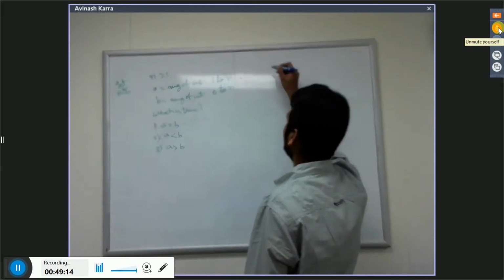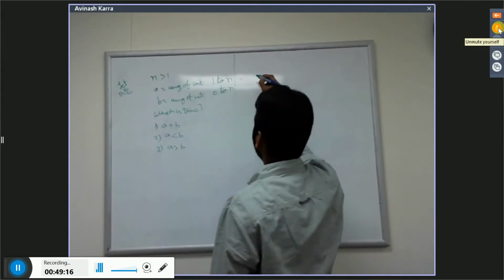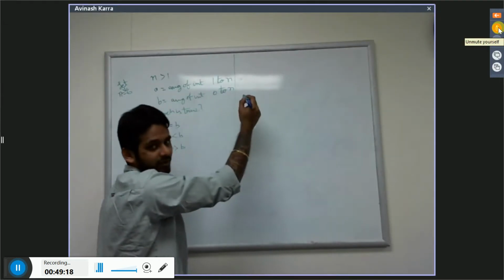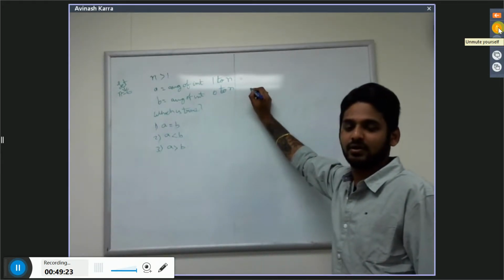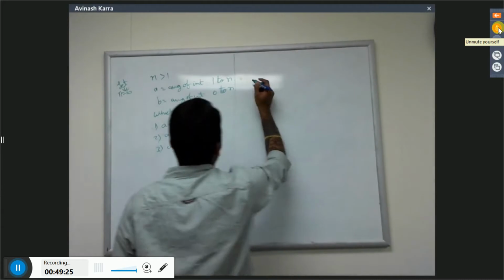So when n equals 6, what will be the value of a? Which is a better way of writing? I think it's better like this.